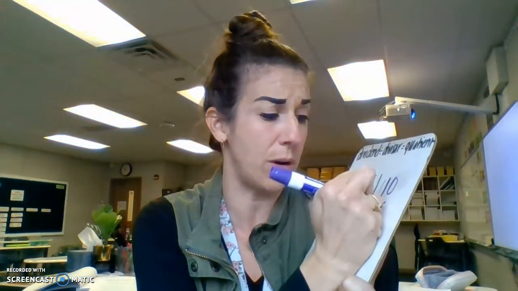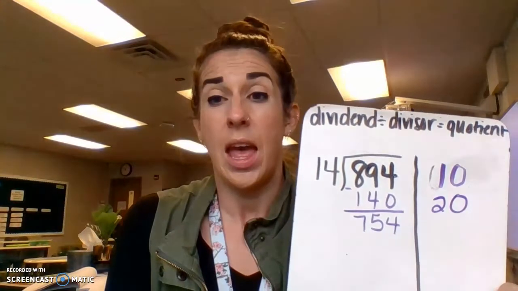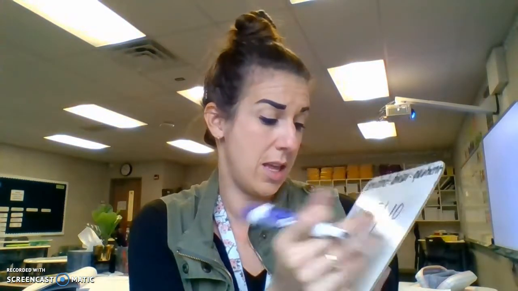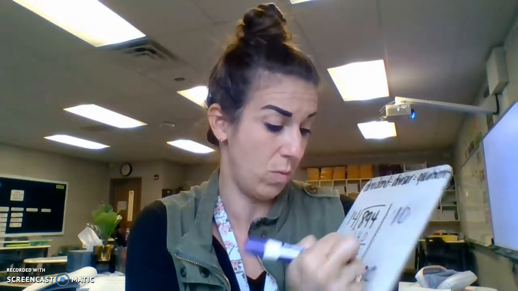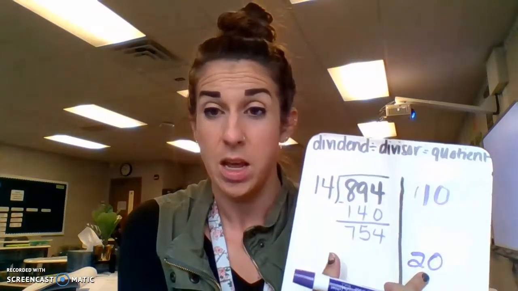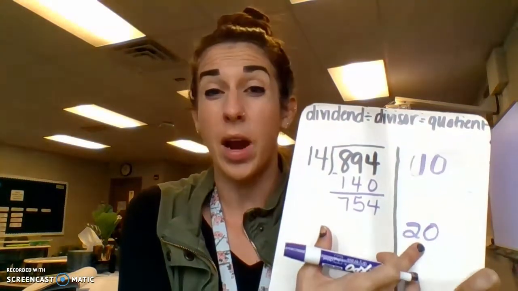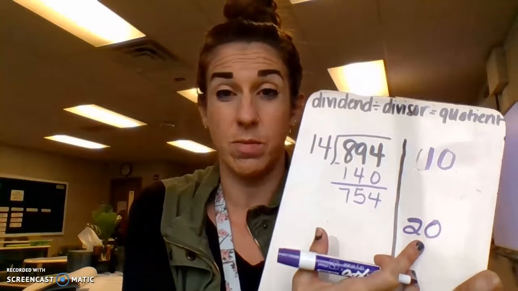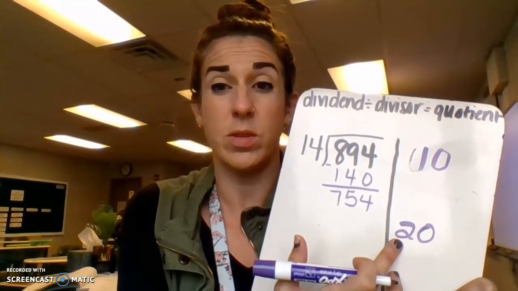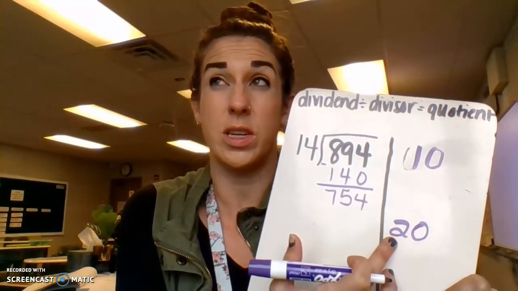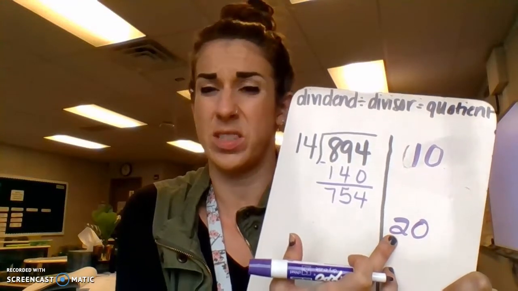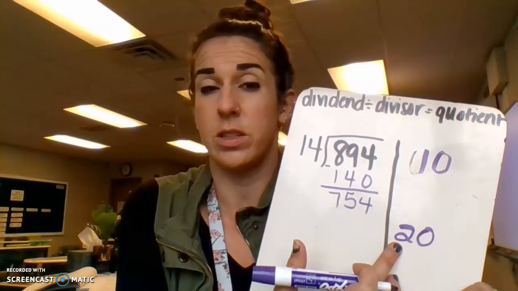So I'm going to write 20 now. And now I am going to multiply 14 by 20. And remember, I can do our extended multiplication facts. So I can multiply 14 by 2. 14 times 2, oh, that's 28. 14 plus 14, 28.